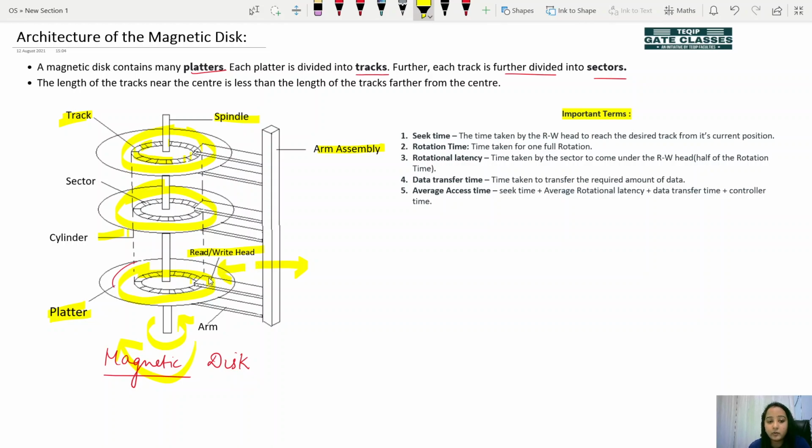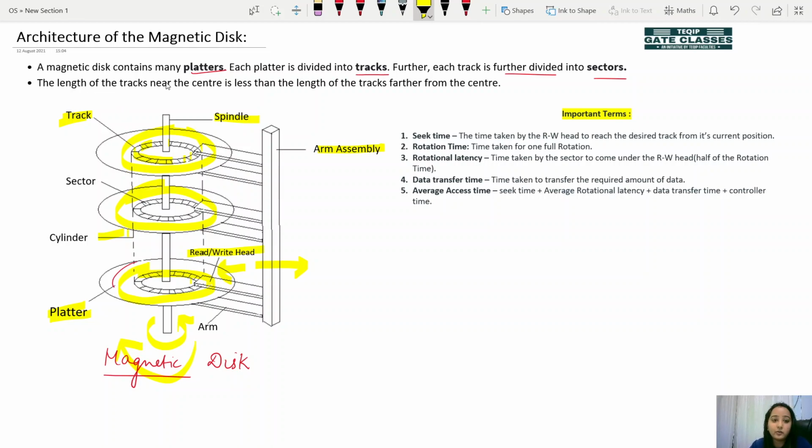If you want to fetch the data from the inner track, you can move it in the forward direction. If you want to fetch the data from the outer track, then you can move it outside, in the backward direction. Only this thing is there.